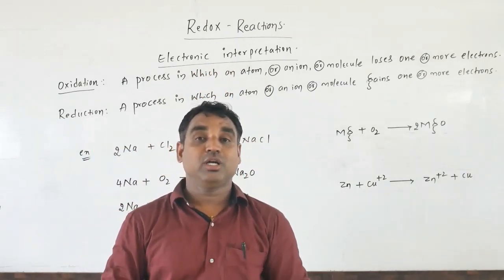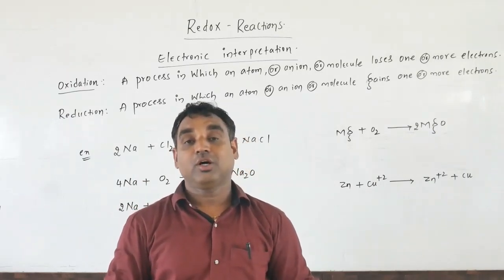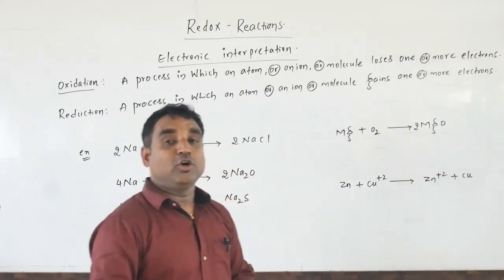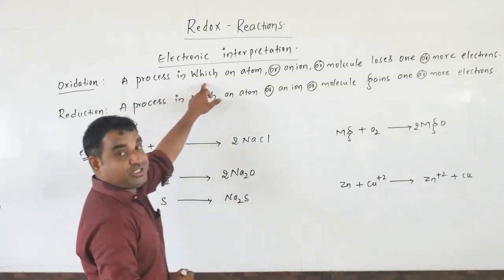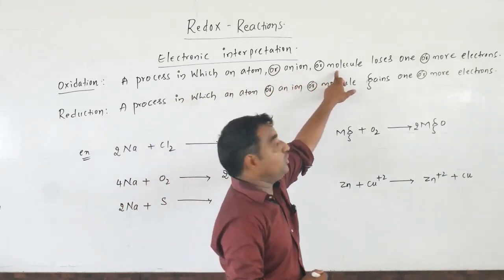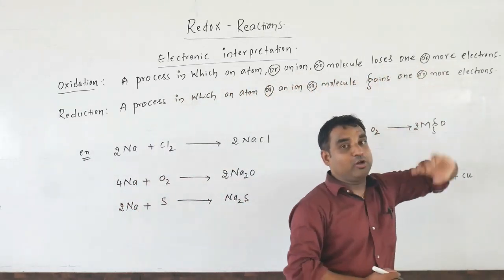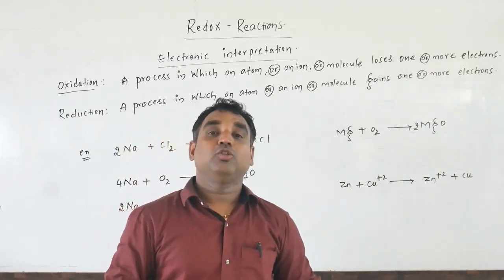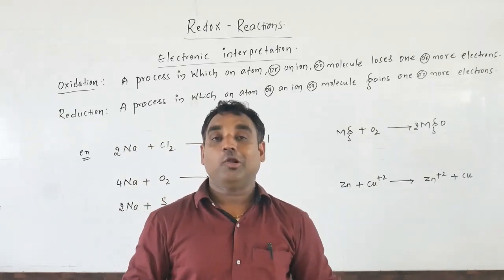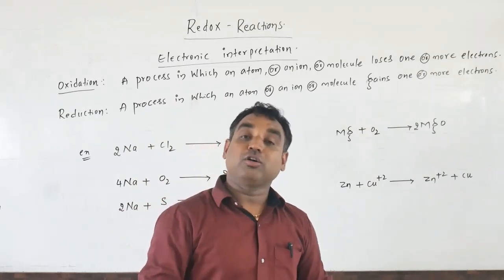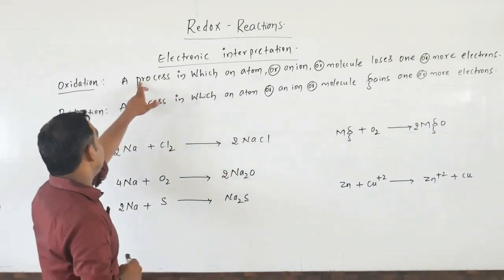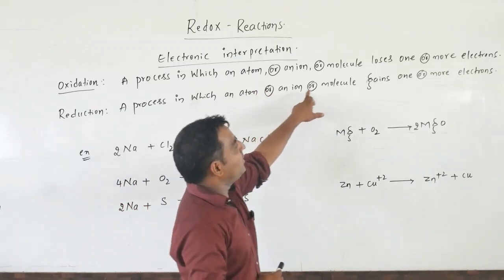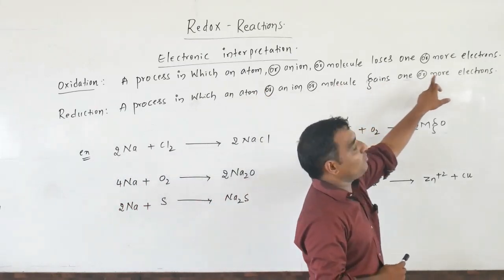Till now we discussed the other definitions, depending on oxygen or hydrogen or electronegative element and electropositive element. So oxidation is the process in which an atom or an ion or a molecule loses one or more electrons. Exactly opposite to oxidation is reduction, a process in which an atom or an ion or molecule gains one or more electrons.